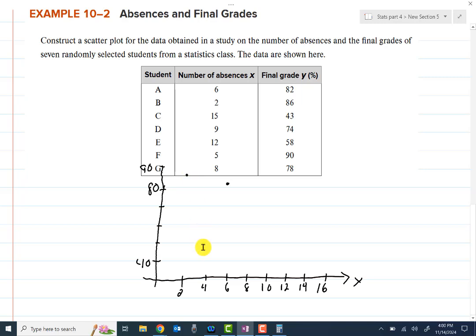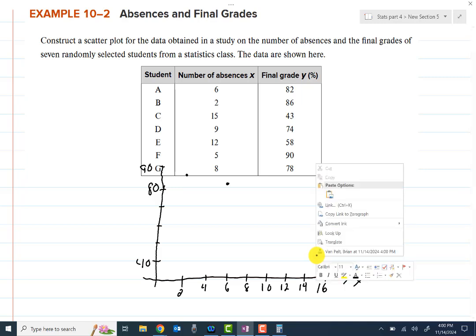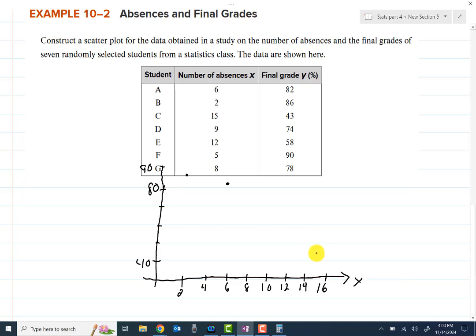And then what's next? 15, 43. So that's in between. I'm putting it right about here. And then 9 and 74. So 9 is halfway between 8 and 10. 74 is a little bit less than halfway between 70 and 80. I make that dot bigger.